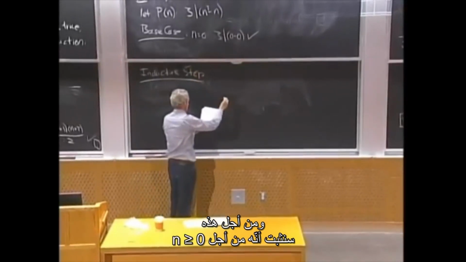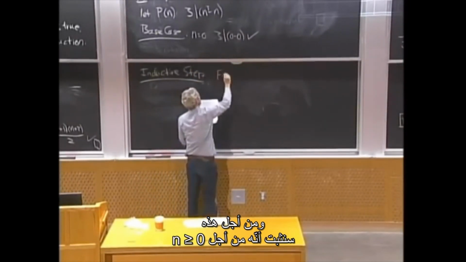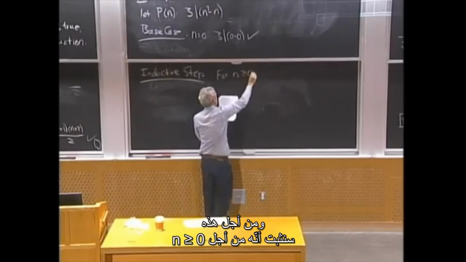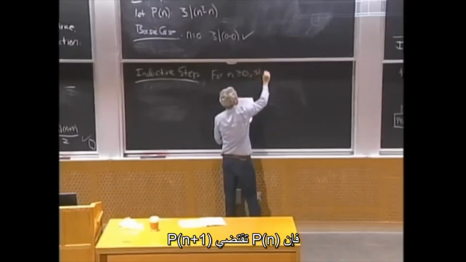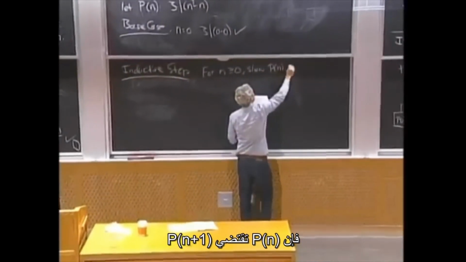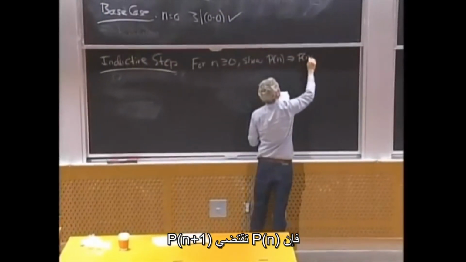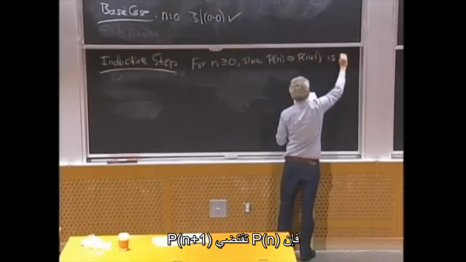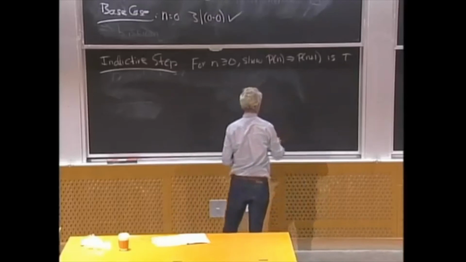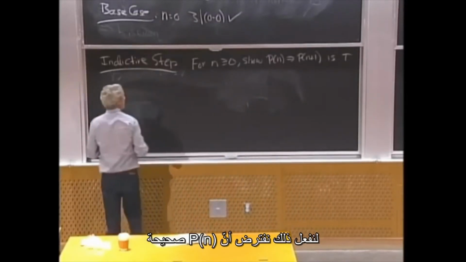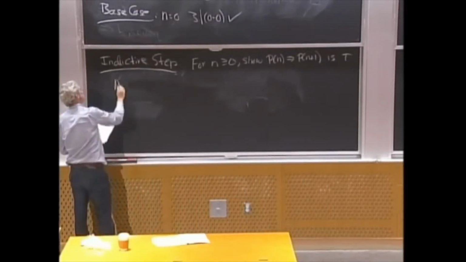And for that, we're going to need to show for n bigger than or equal to 0, we want to show Pn implies Pn plus 1 is true. So to do that, we assume Pn is true.